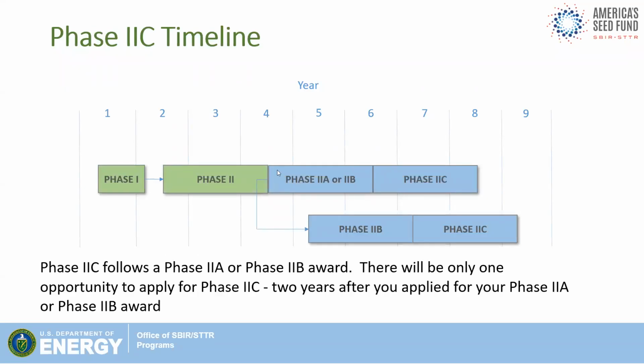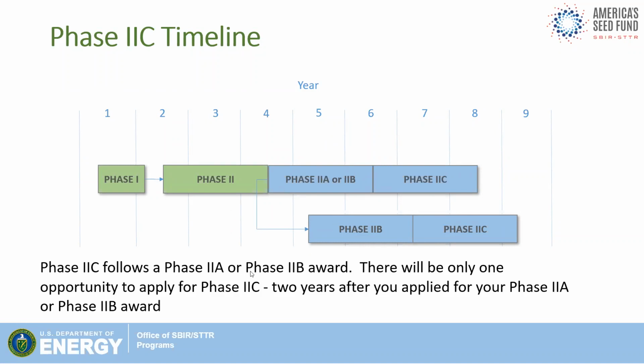So if you are considering the phase 2C application, then you must be right now completing a phase 2 award. Whether it's, I'm sorry, a phase 2A or 2B, you must be completing a second phase 2 award.